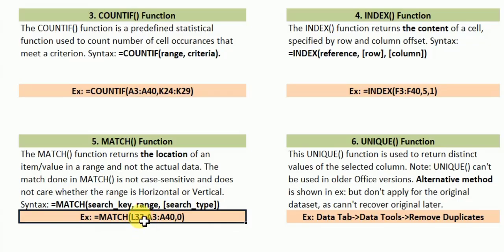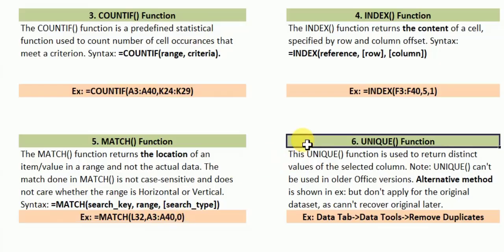So some cell name is mentioned here. This search key has to be searched in the reference range present in the second part, and the third one is 0, means we need to do our match as an exact match. 0 represents exact match.